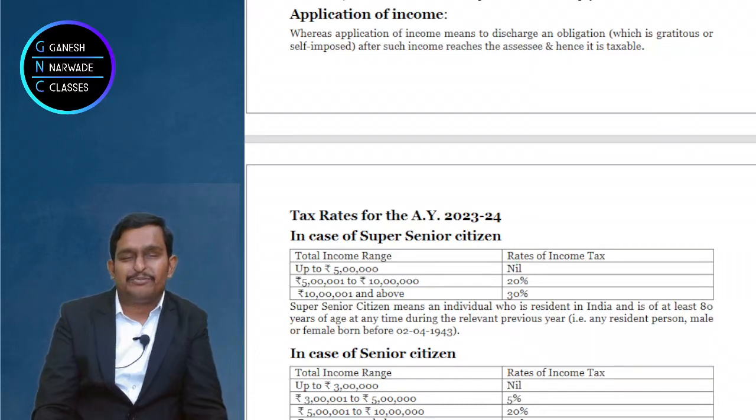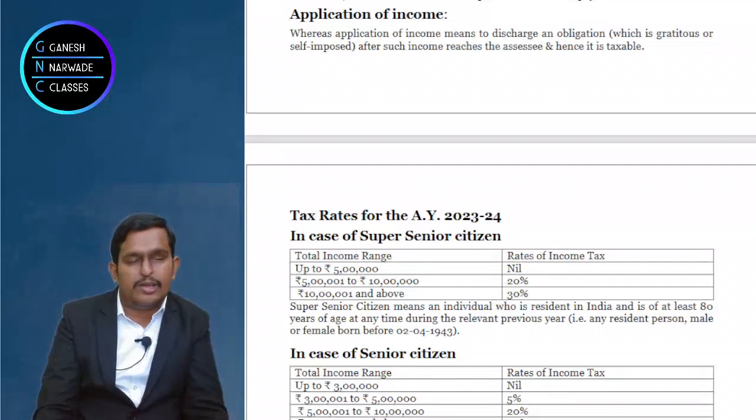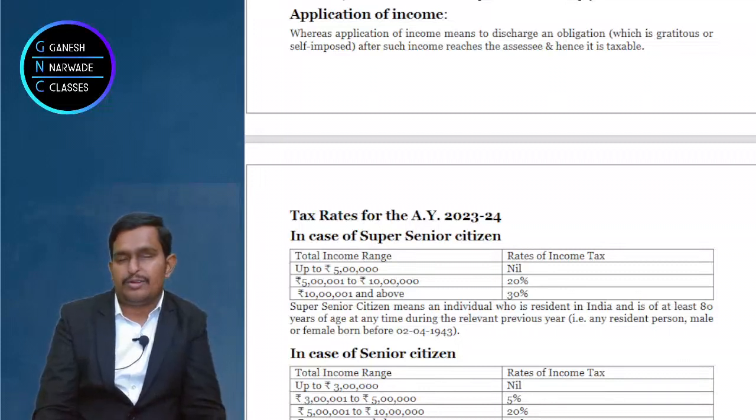Now what happened? The question is whether 1000 crores should be taxed to Adarsh, or 3000 crores. Adarsh received 3000 crores from the publication house. Should he pay tax on 3000 crores or only on his share, that is 1000 crores?